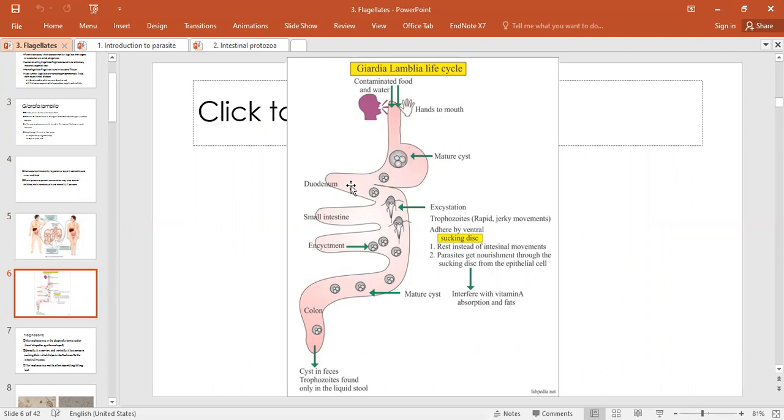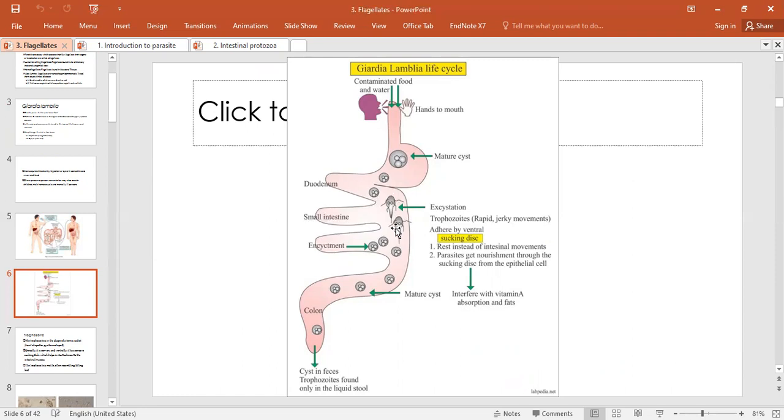The mature cyst goes through the duodenum and then excystation occurs, where the cyst turns into a trophozoite. The trophozoite has a rapid jerky movement and can adhere by the ventral sucking disc to the mucosa of the small intestine.